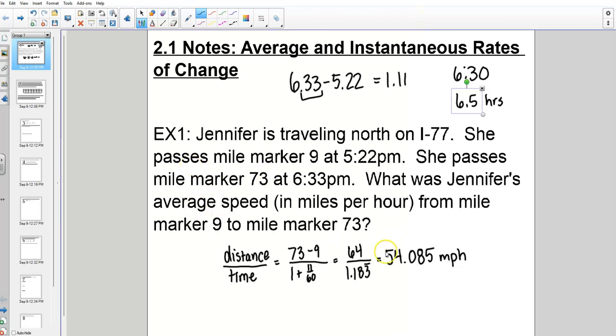So while this can be helpful for some things, it's not actually the speed limit that she's going most of the time. Average rate of change is just a slope formula, right? We're just finding change in distance over change in time. But what we're really going to be interested in calculus is instantaneous rate of change, or instantaneous speed.